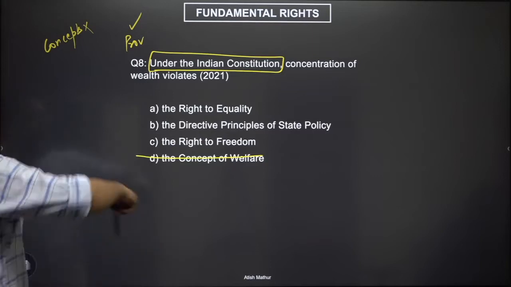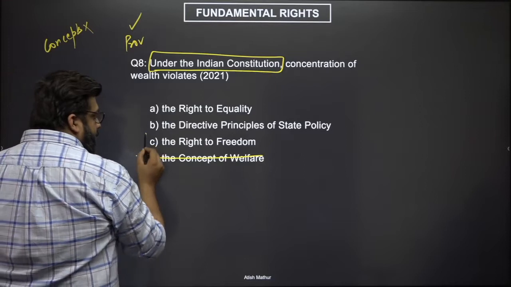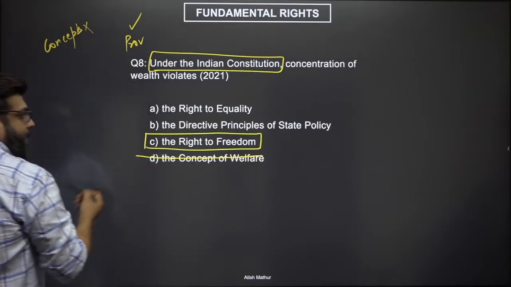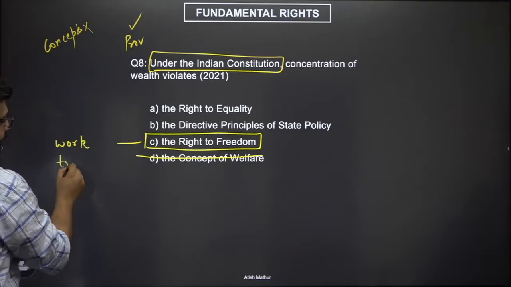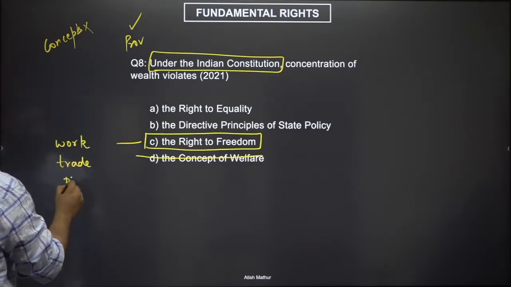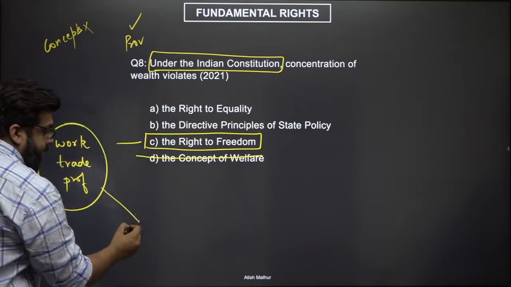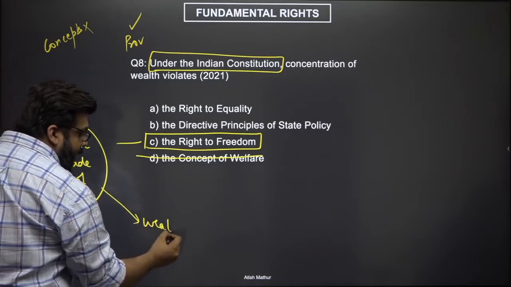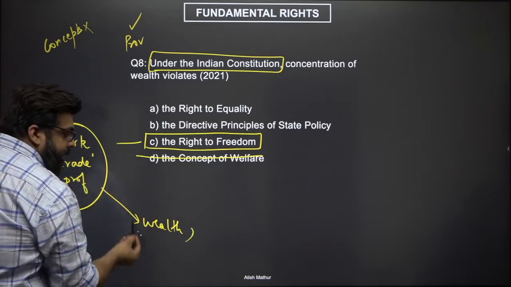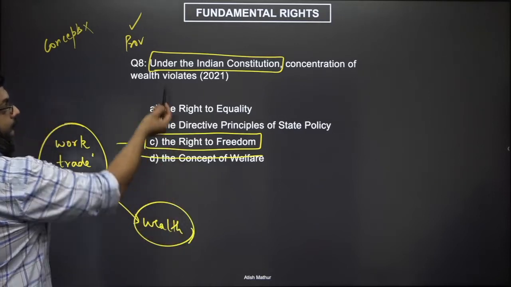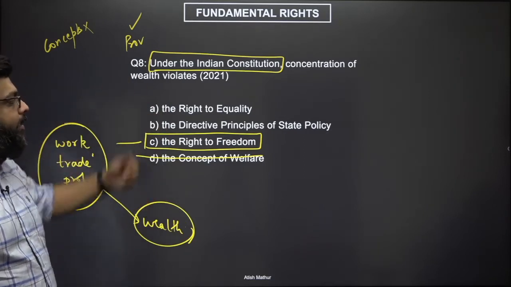Now, think about it. There is a contradiction. If I have the freedom to work, I have the freedom to be a part of any trade, profession, whatever it might be. This means I have the right to work as hard as I can, to amass as much wealth as I can, right? So if I have the freedom to work, to earn some rewards, then how is it even violating my concept?